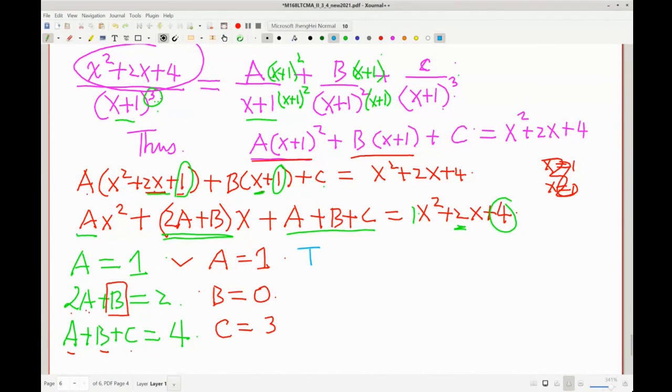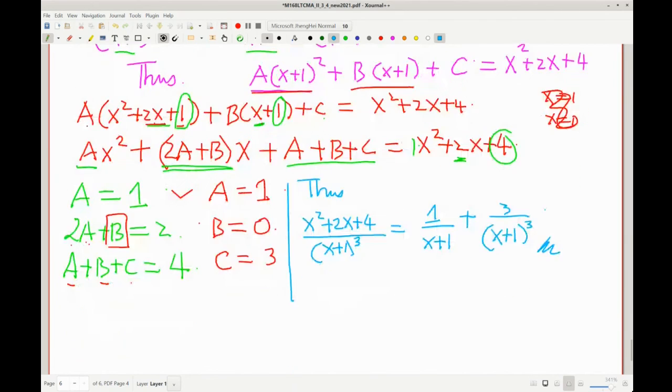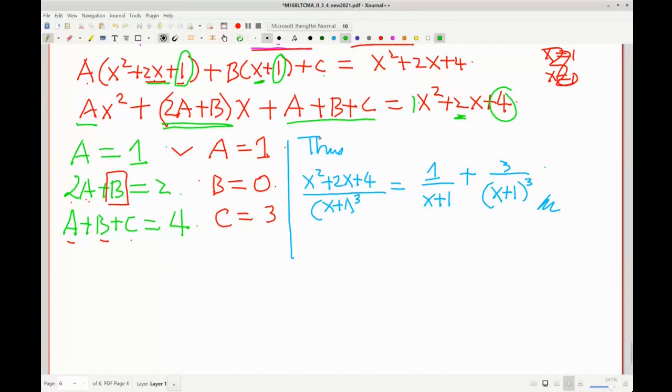We say thus, x squared plus 2x plus 4 over x plus 1 cubed is equal to a, which is 1, over x plus 1, plus b, which is 0, so we won't write that, plus c, which is 3, over x plus 1 cubed. Usually if you have time, you can give it a little check to make sure we're in good shape. But this will be your final answer.